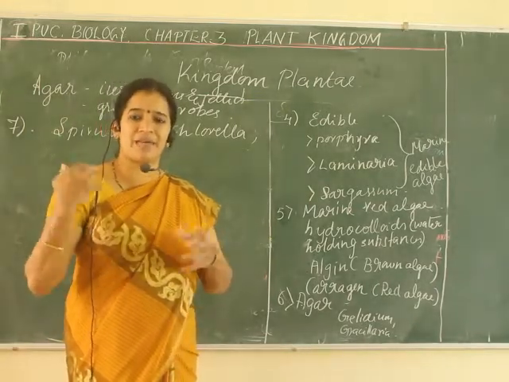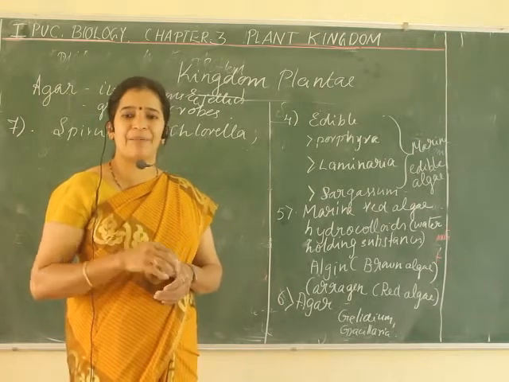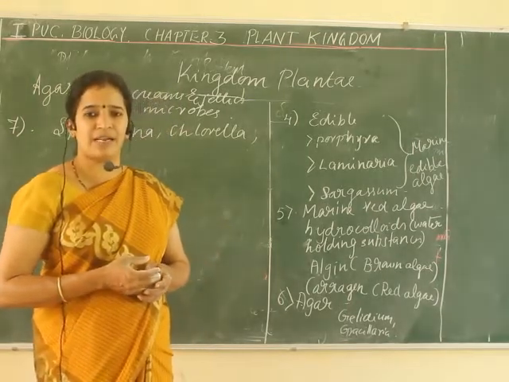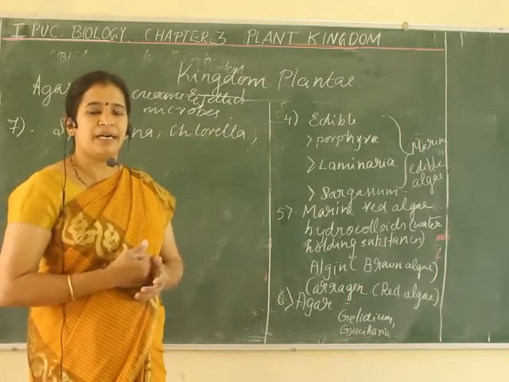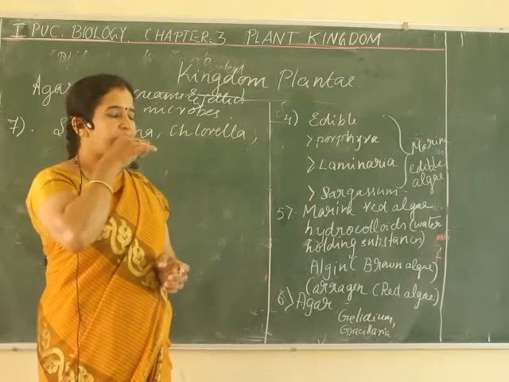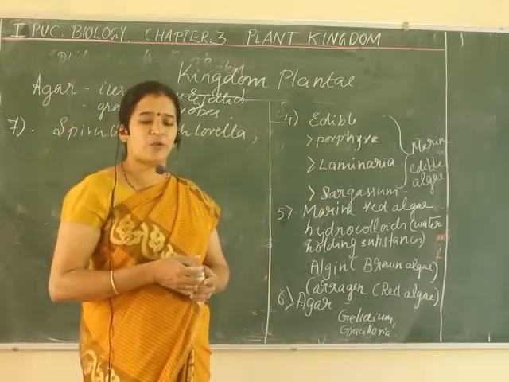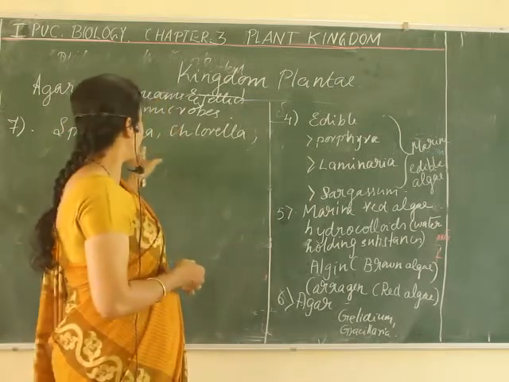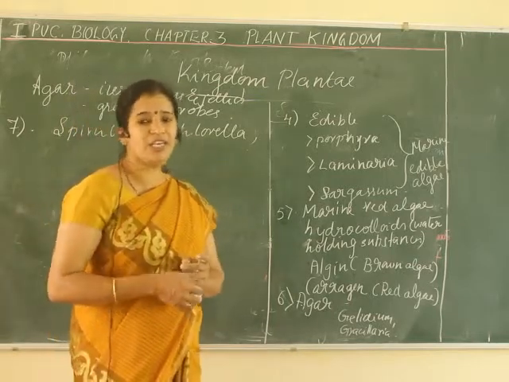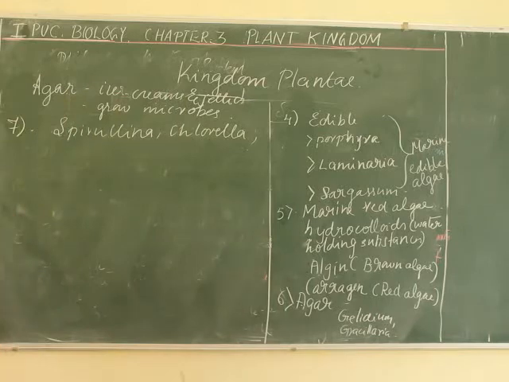Space travelers have to spend a lot of time in space, so it is difficult for them to collect food as in usual conditions on Earth. So they use Spirulina and Chlorella as a protein supplement because they are very rich in protein.